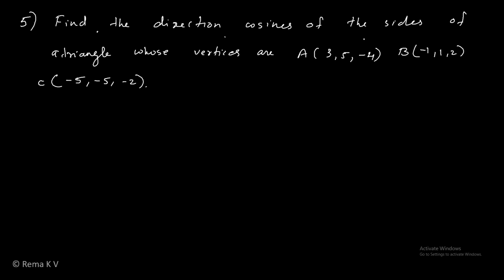Find the direction cosines of the sides of a triangle whose vertices are A, B and C given here.